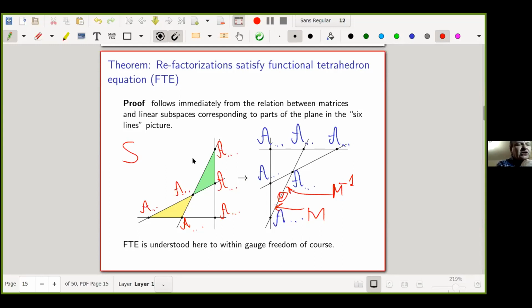This general setting of a functional tetrahedron equation is very simple. What is not very simple is somehow imposing some actual gauge on all this.